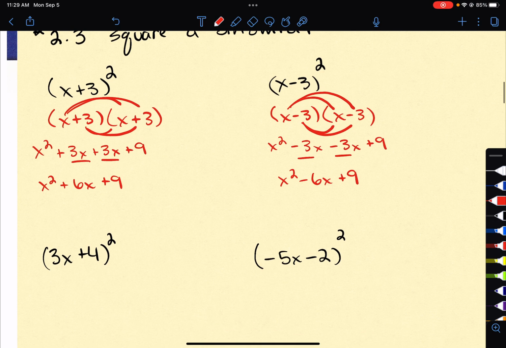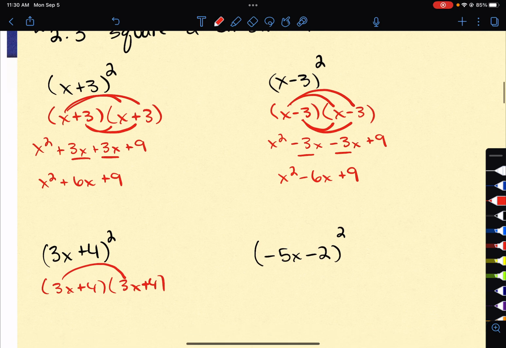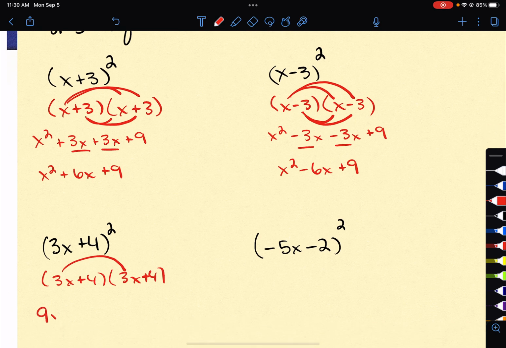All right, let's look at 3x plus 4 squared. That means 3x plus 4 multiplied by 3x plus 4. So 3x times 3x becomes 9x squared. 3x times 4 is 12x.